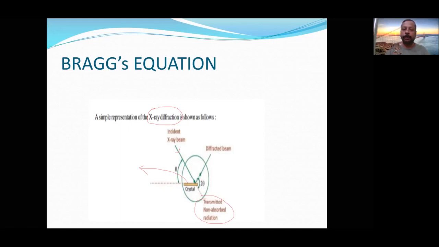But because of the presence of particles, every atom and every ion will act as a diffraction grating, so they will cause diffraction. This is the diffracted beam. The incident beam in the absence of particles is called the transmitted beam.